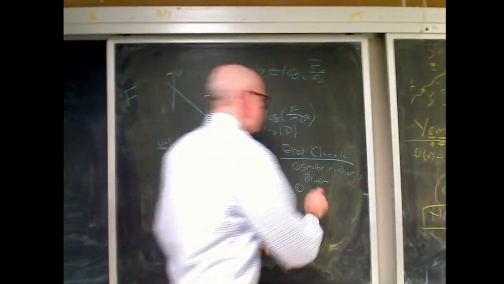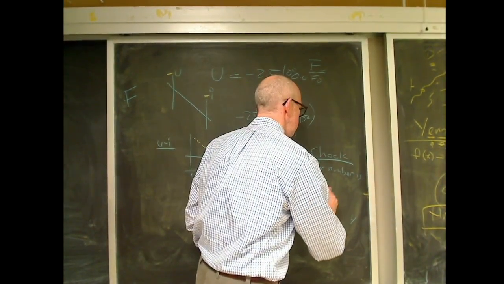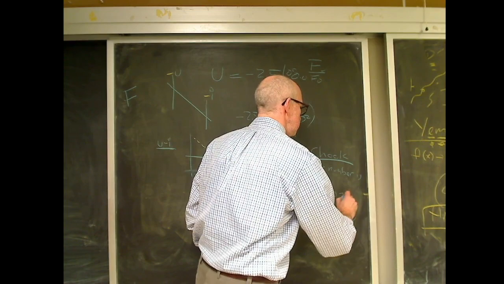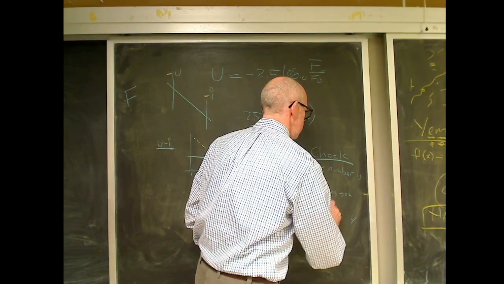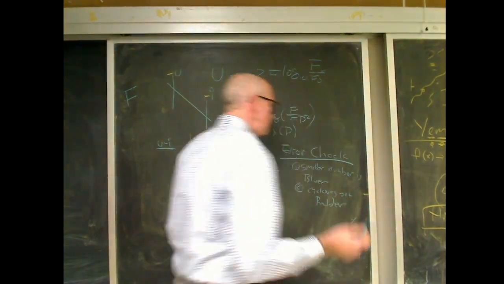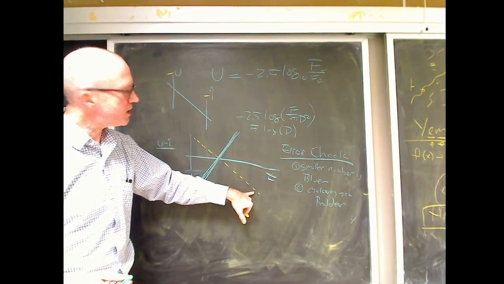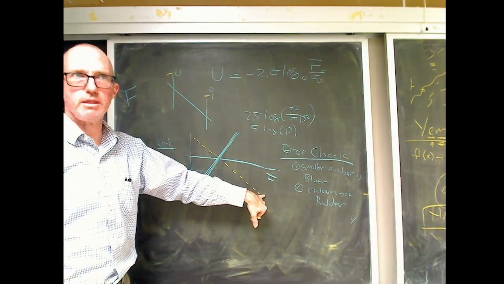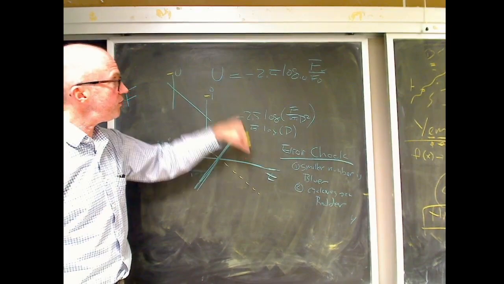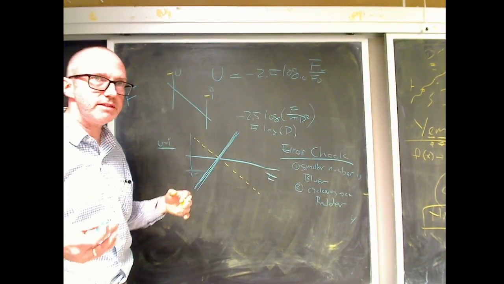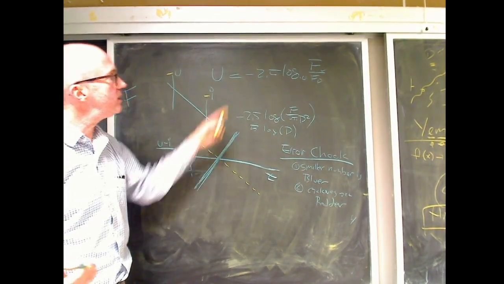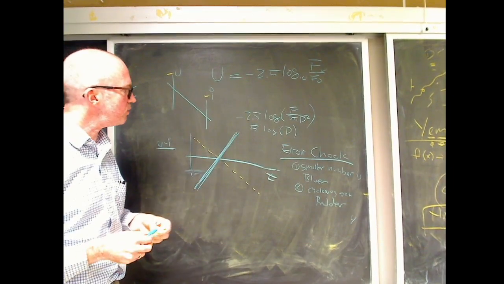Then galaxies get redder. So you can see just by looking that this is the wrong direction because this is a population that's getting bluer. This is one that's getting redder. So relatively innocuous problem, but the minus sign is important.